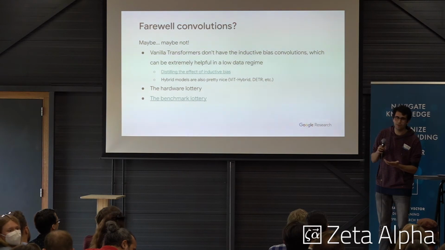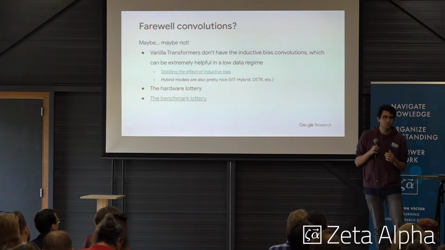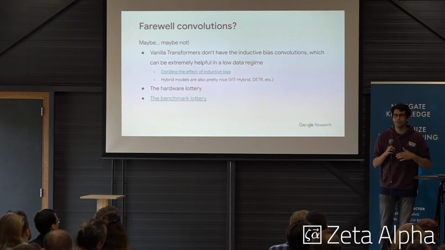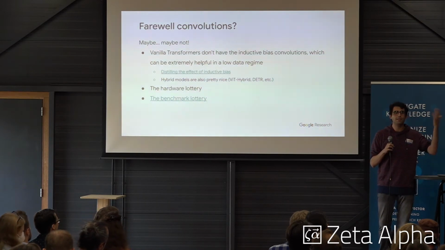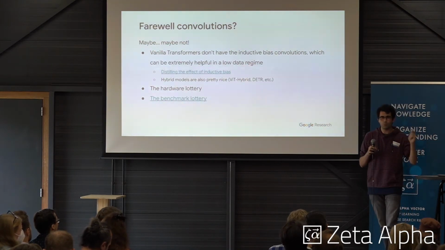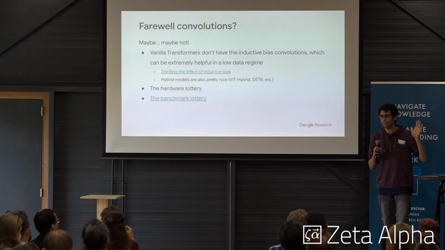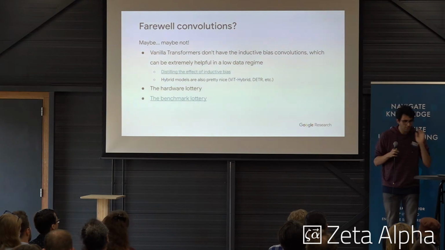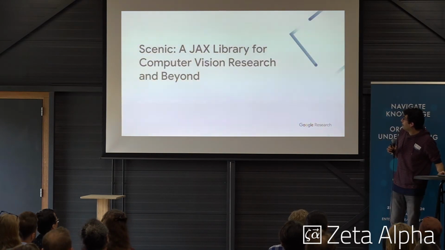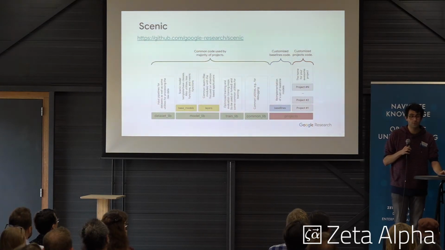Or the benchmark lottery: as long as you have SuperGLUE, maybe convolutional models for sequence processing are never going to take off, because what they need is this soft matching or cross matching across the two sentences, and convolutions don't have it. So they lose the benchmark lottery, while if you had different benchmarks, maybe convolutions would be the de facto choice for sequence modeling.